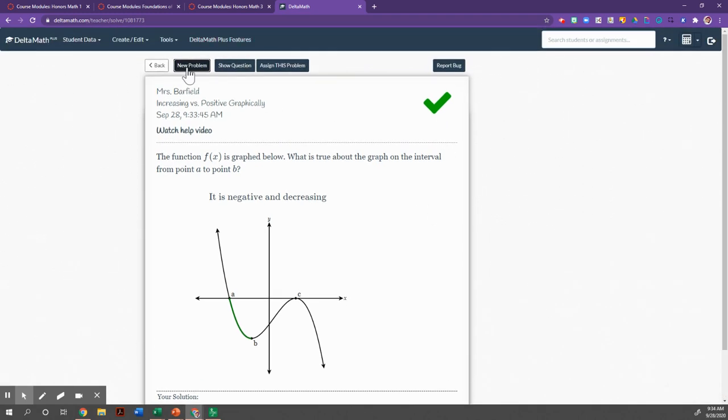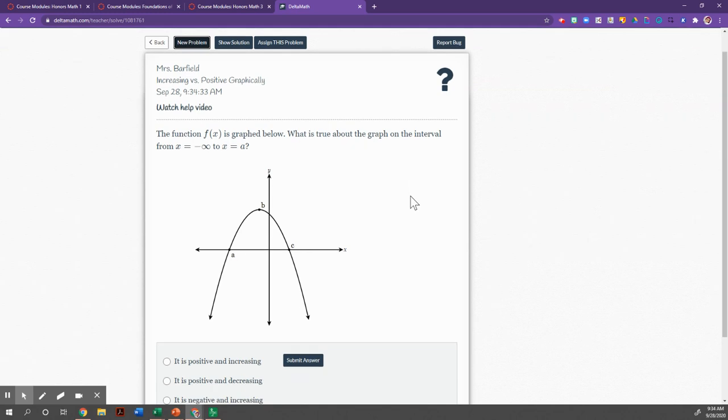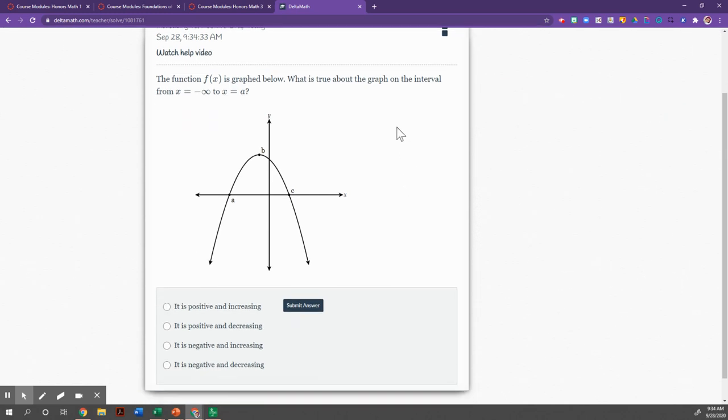All right, new problem. Now it says the function f of x is graphed below. What is true about the graph on the interval from x equals negative infinity to x equals a? I know this is going to seem kind of counterintuitive because this arrow is going this way, but they're asking me what happens when I'm going from here to here.